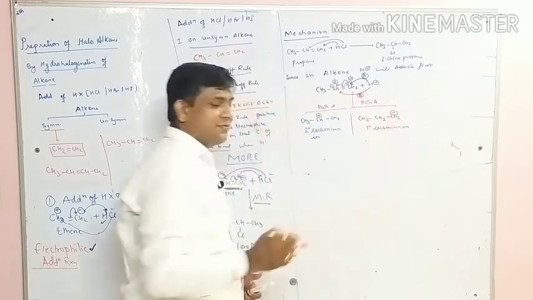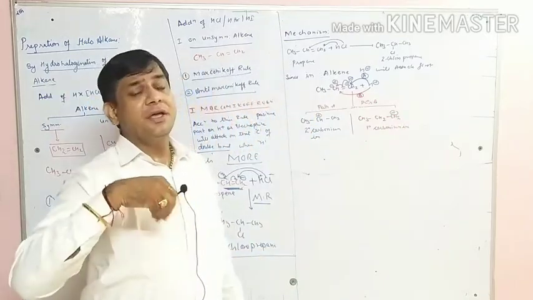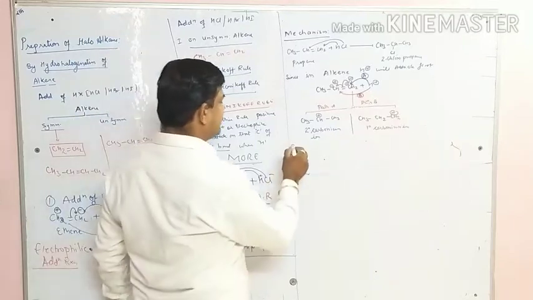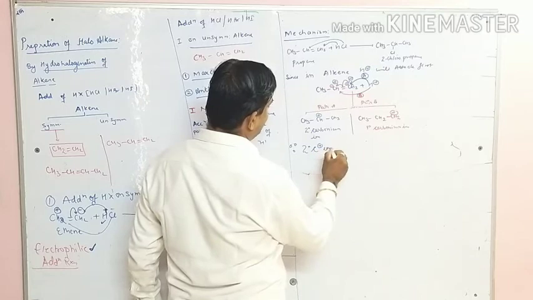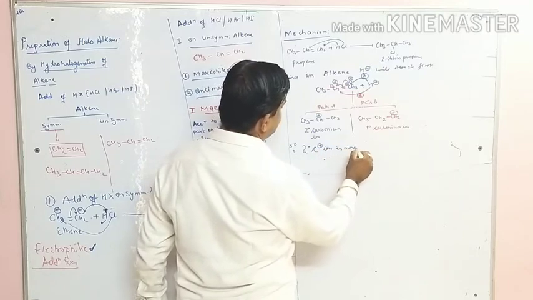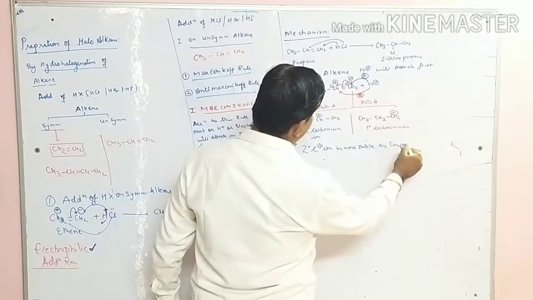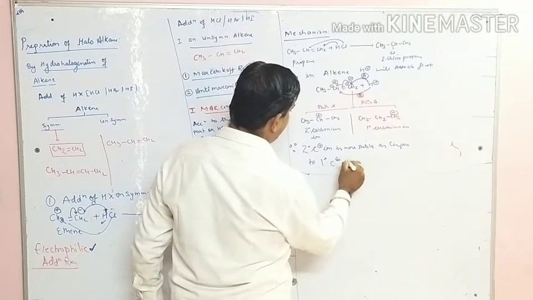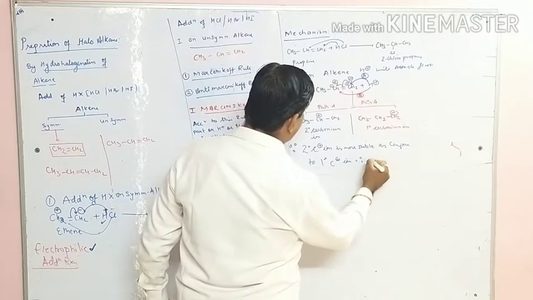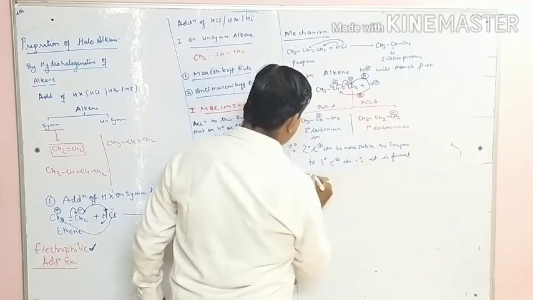And students, in the last video, I told you about the stability of the intermediates. We all know that secondary carbonium ion is more stable as compared to primary carbonium ion, therefore it is formed majorly.